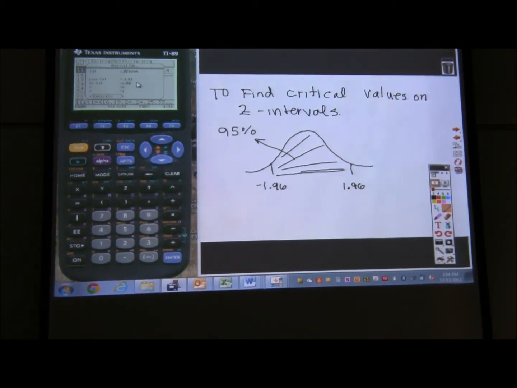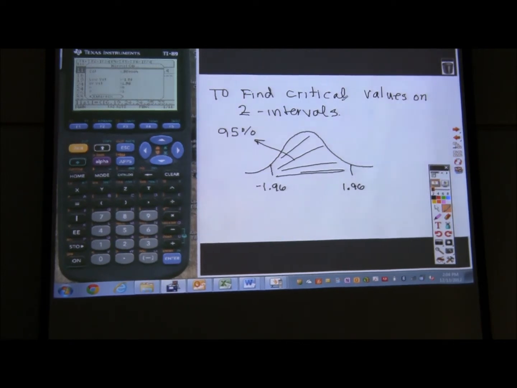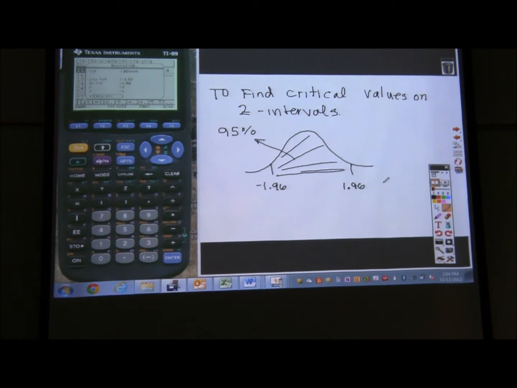So the critical value for a 95% confidence interval is 1.96. It's symmetric. It's always going to be a plus and a minus 1. The minus 1 gets you the lower limit and the plus gets you the upper limit.